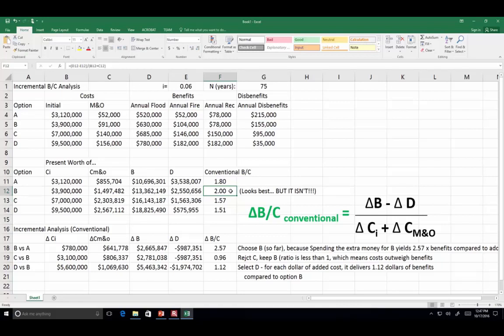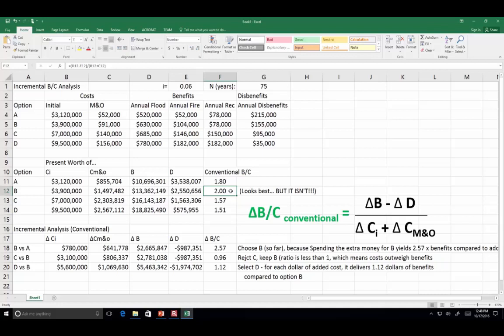They look at B versus A. And so the interpretation of 2.57 is that you get $2.57 of benefit for every $1 in cost on the increment. So that additional expense associated with alternative B is justified. When we look at option C, it's not, because the ratio is below 1.